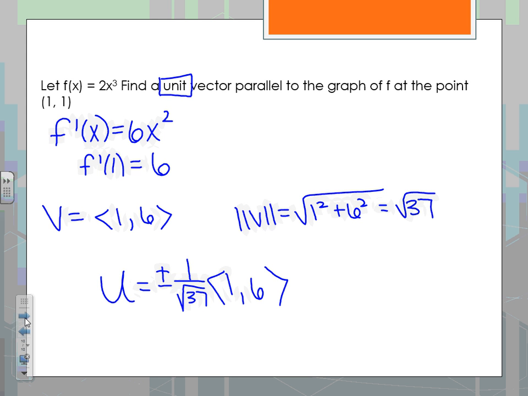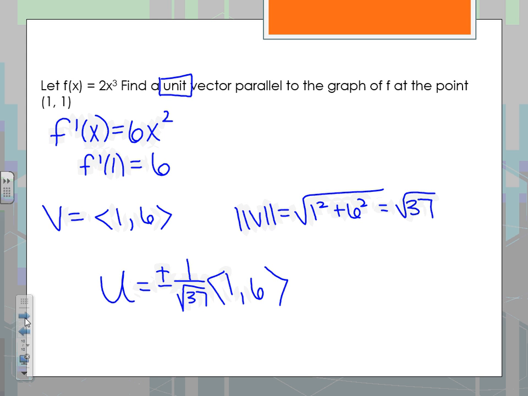This doesn't say a specific direction, it just needs to be parallel, right? So it could be going one way or the opposite and still be parallel, right? Okay, so technically we have two vectors there.